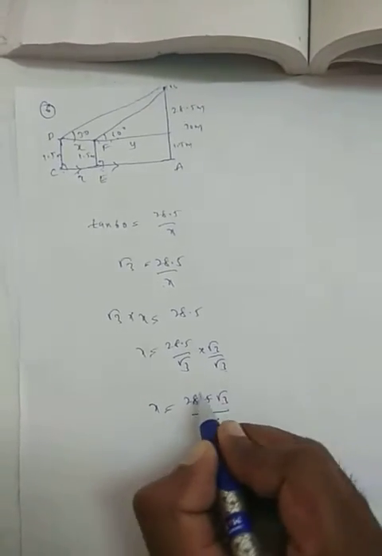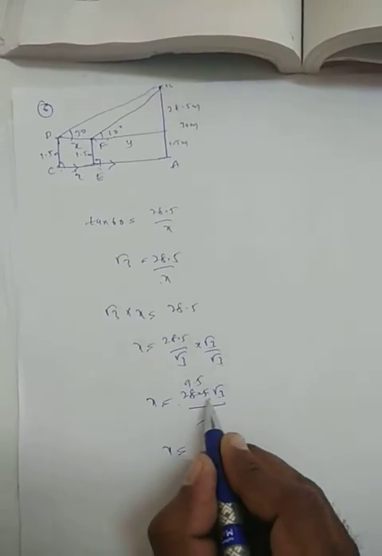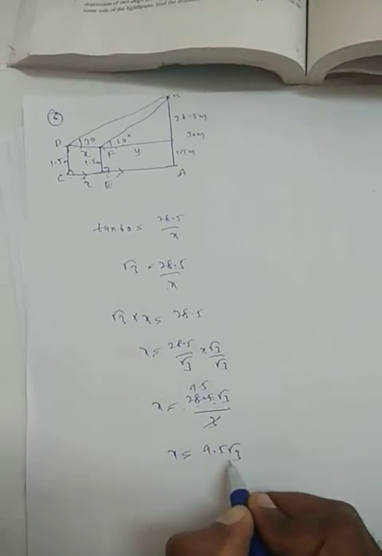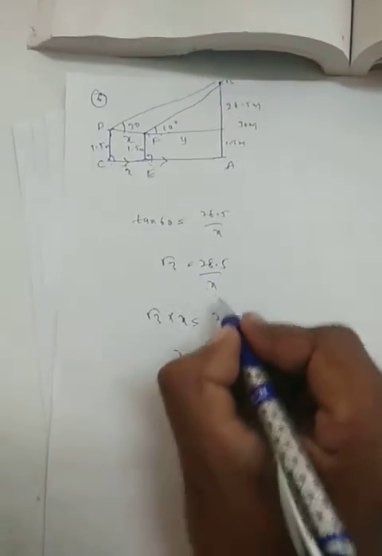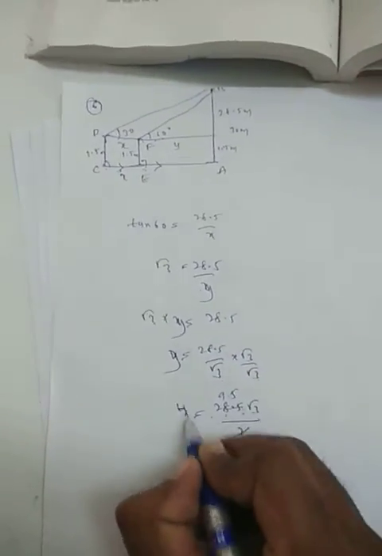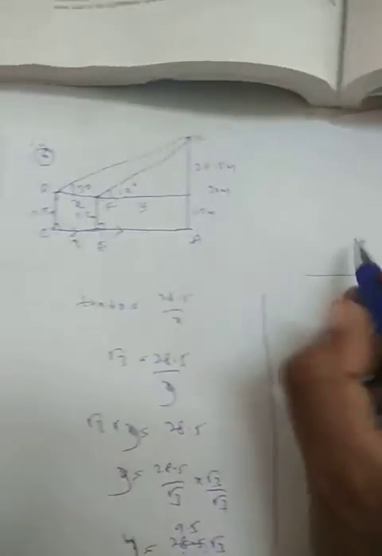So 3 9s are 27 and 3 5s are, it will become, am I right or not? 27 means 1 left, 3 5s are, this will become 9.5 root 3. This is not x here, this is y, I'm sorry. I have taken opposite by hypotenuse, so don't be confused.